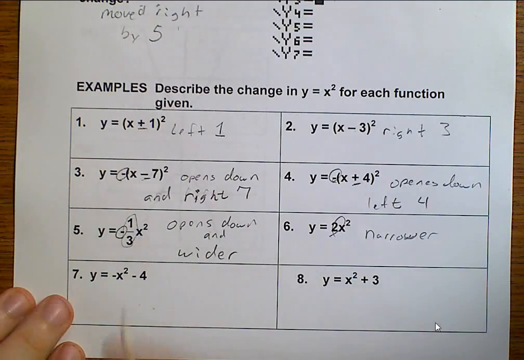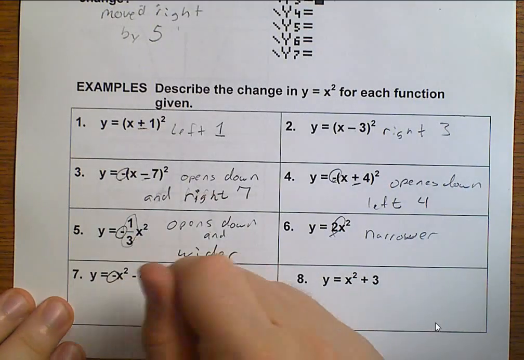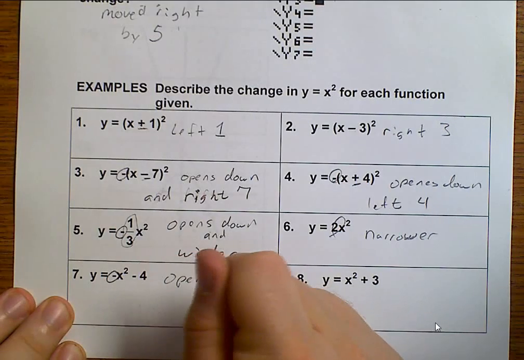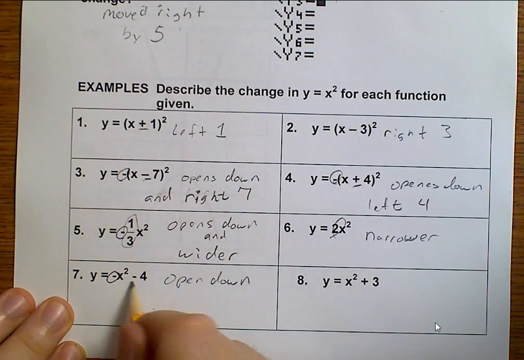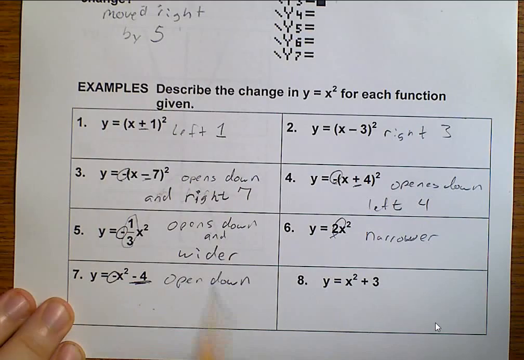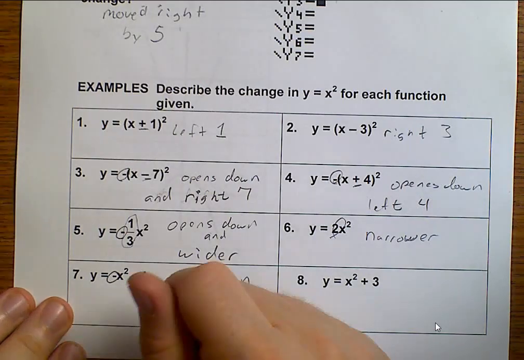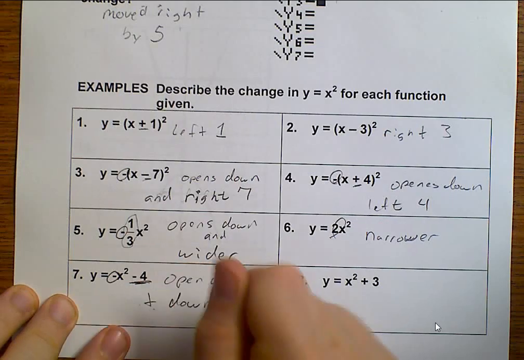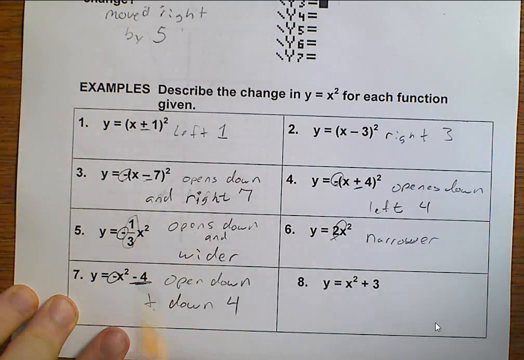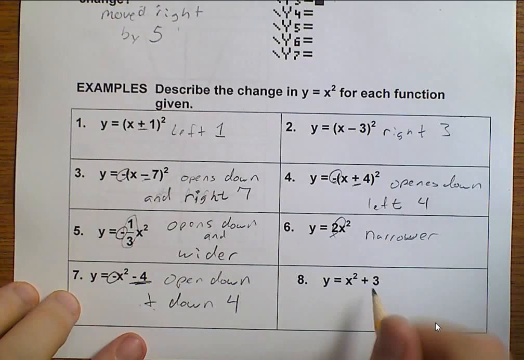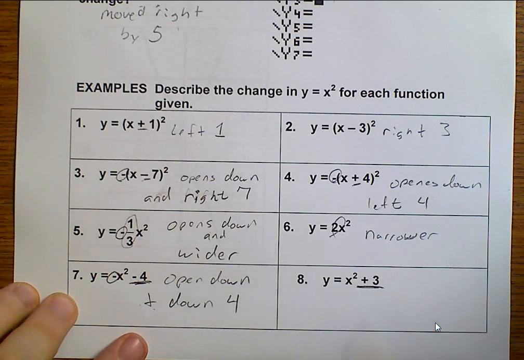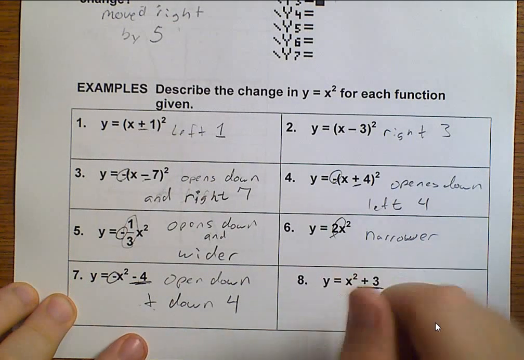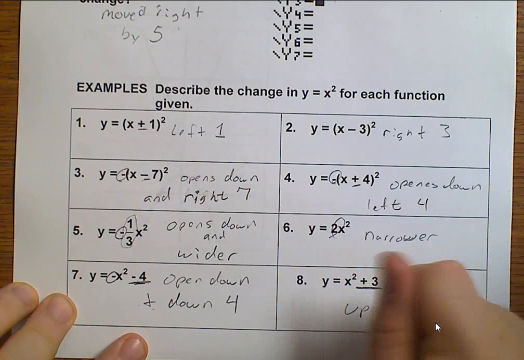On number 7, this is going to make it open downward. And this minus 4 outside of the parentheses means it's going to move down by 4. And over here, this plus 3, not inside of parentheses, means that it's going to move up 3.